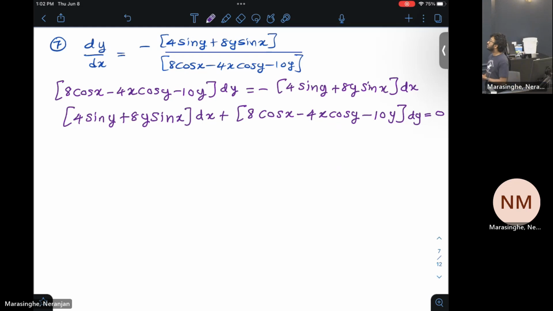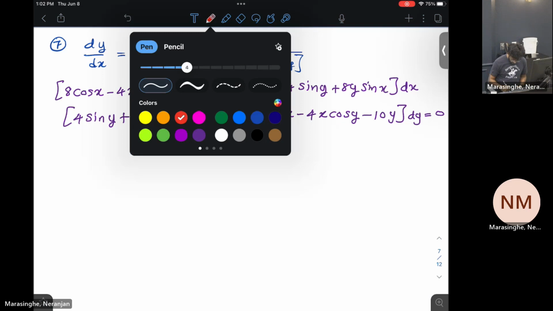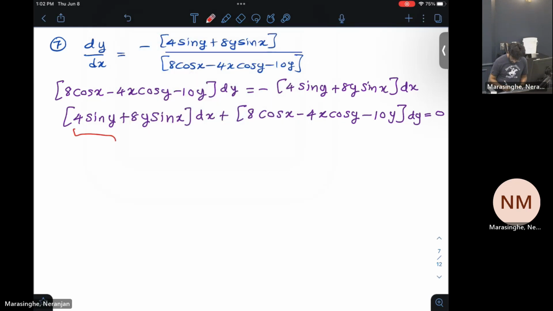Okay. Right. Let's check the exactness. This is the function M(x,y), and this is the function N(x,y).